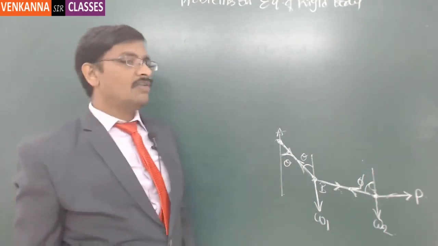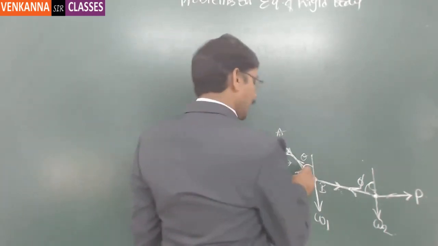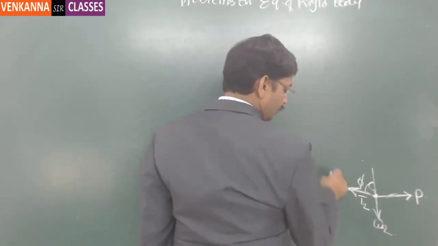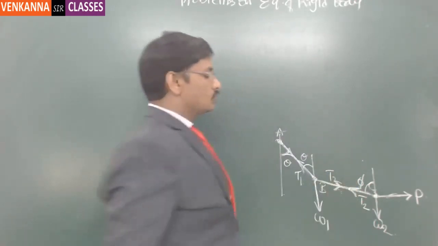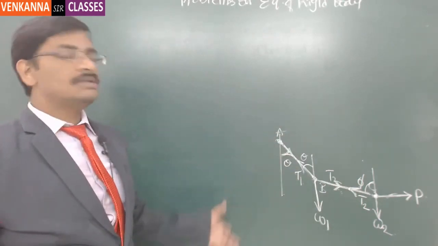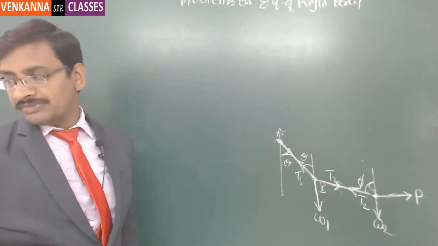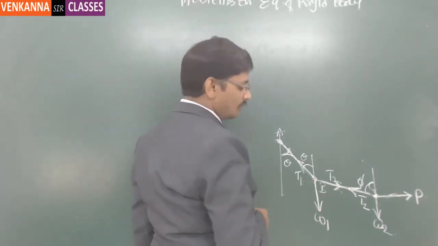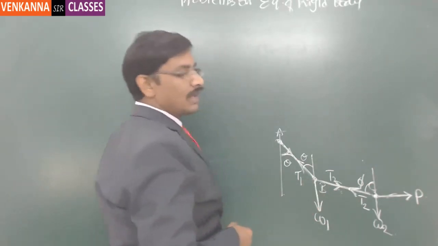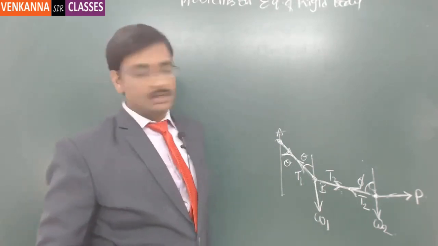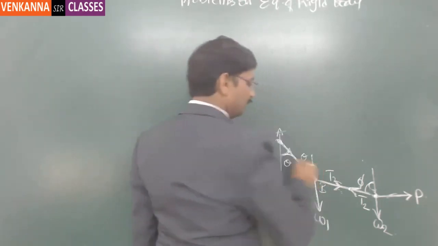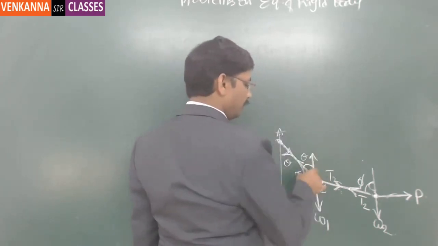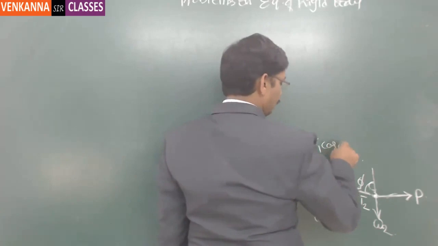Now if you want to divide the forces, this T1 is acting upward and T2 is acting upward here, and the same T2 is acting downward here. So you can divide this into the horizontal component and vertical component. For that you have to know the angles between the forces. So this angle is theta. Then this component of the force which is acting upward is T1 cos theta.